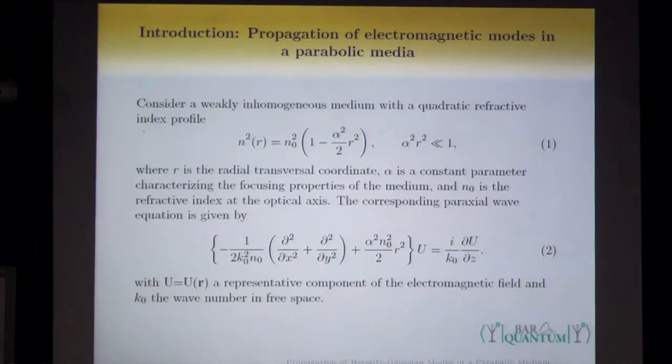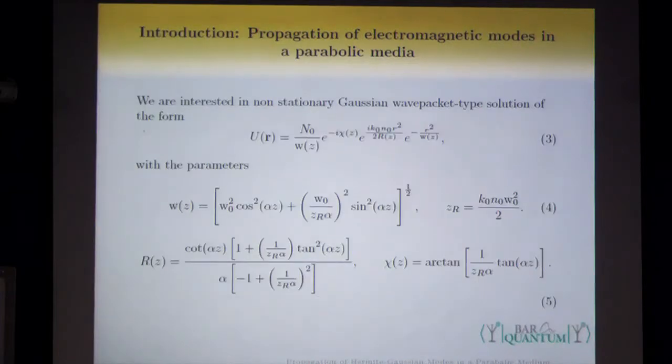Here U is a component of the electromagnetic field, and we are interested in finding solutions for this equation where the light has this form.